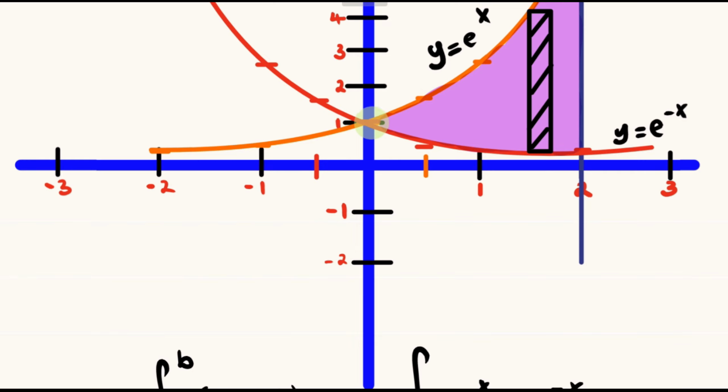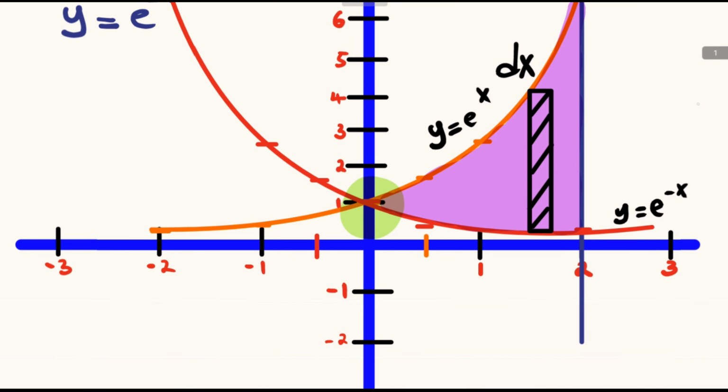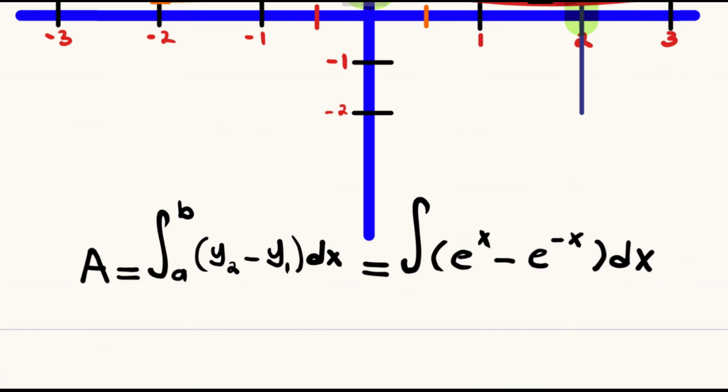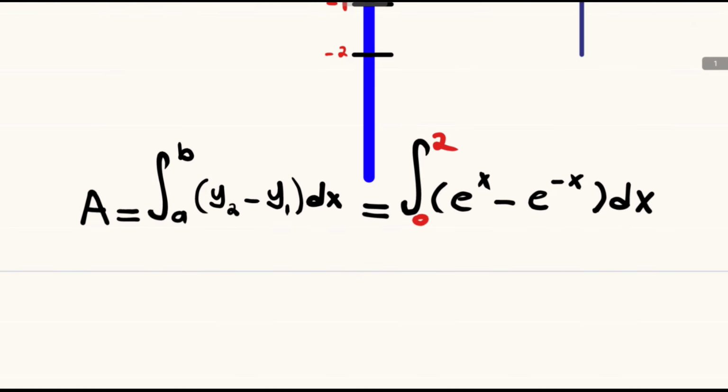It starts when x is equal to 0 and it ends when x is equal to 2. So our A will be 0 since our area starts from 0, and our B will be 2 since our area ends at 2. So now we integrate.